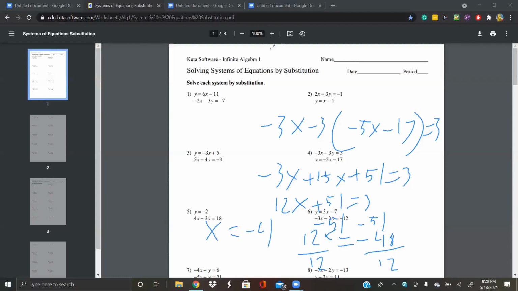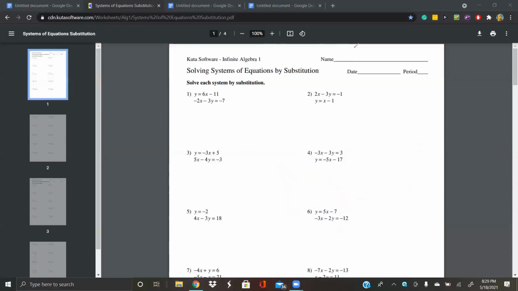Now to find the y, we do the same thing we did with the last problem. We use the standard form equation, and we multiply negative 4 and negative 3, which leaves us with 12. So 12 minus 3y equals 3. Subtract 12 on both sides to isolate the y. This cancels out.